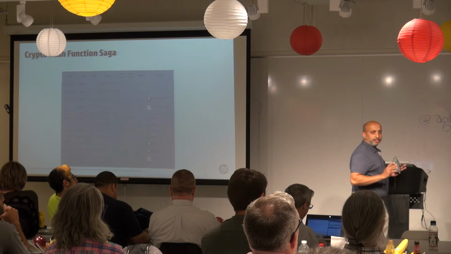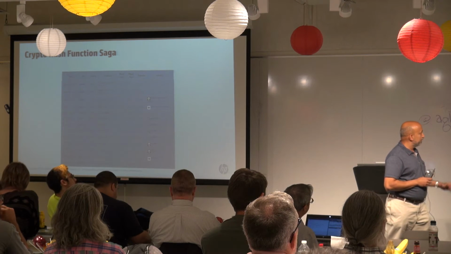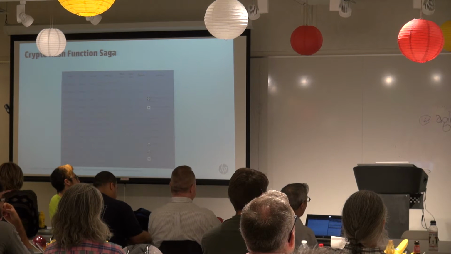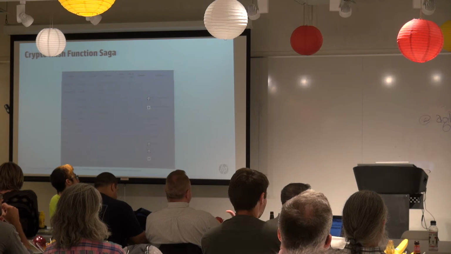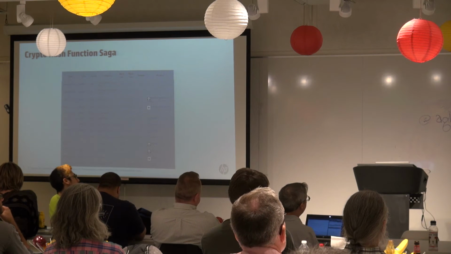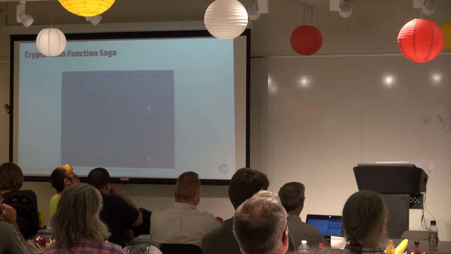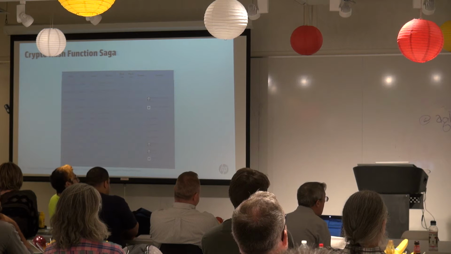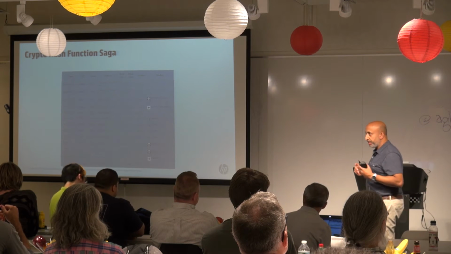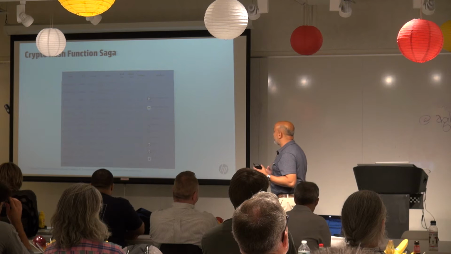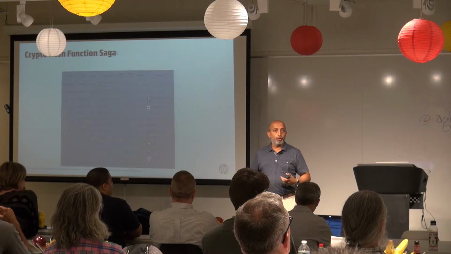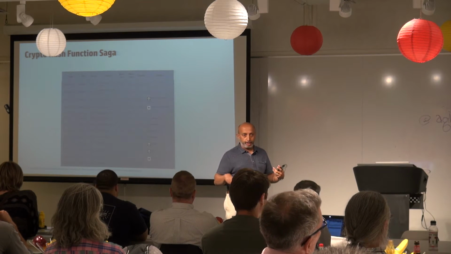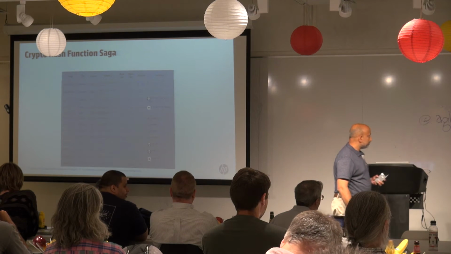So there is this big saga which I realize is almost unreadable on the screen. But the screen basically consists of various different hash functions. Where you see a skull, it means that the hash function is so easy to break that many people have published many papers on breaking them. When you see a plus, there is a theoretical weakness or flaw in the hash function where you do not even need to resort to brute force or do enough computation to do the birthday attack thing on the hash function.